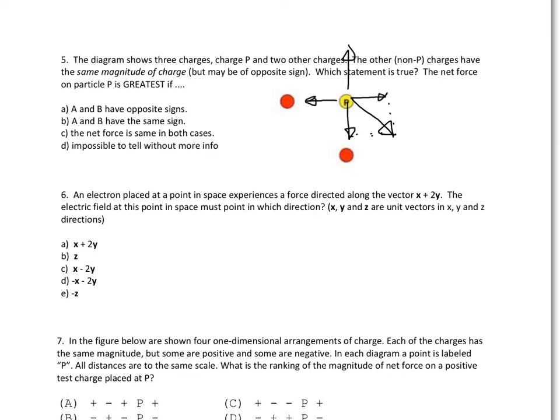So it really doesn't matter what sign these are, as long as the directions of the forces are perpendicular. They always add to a vector of the same length. That implies that the net force is the same in any of those cases.